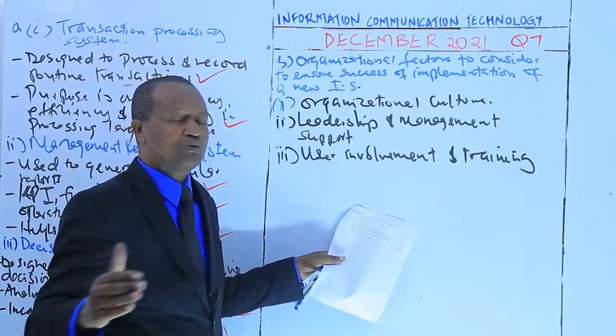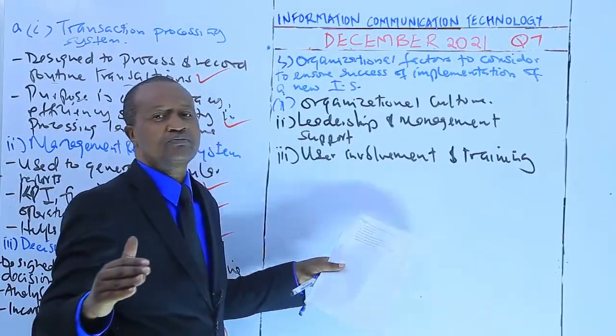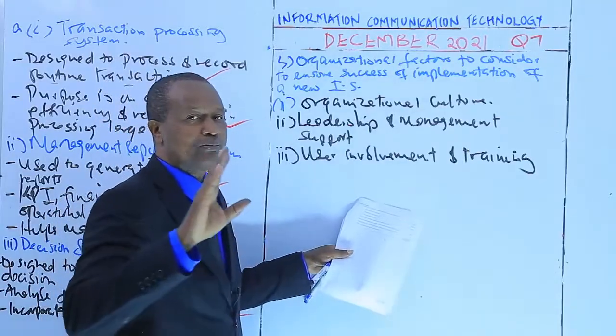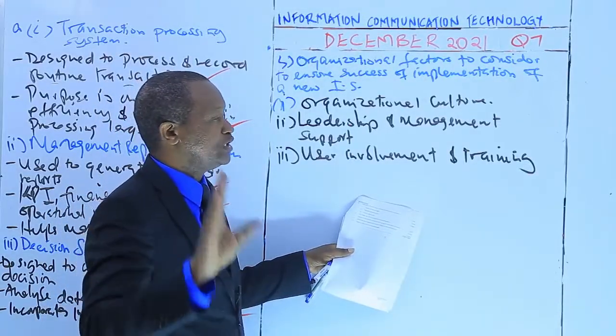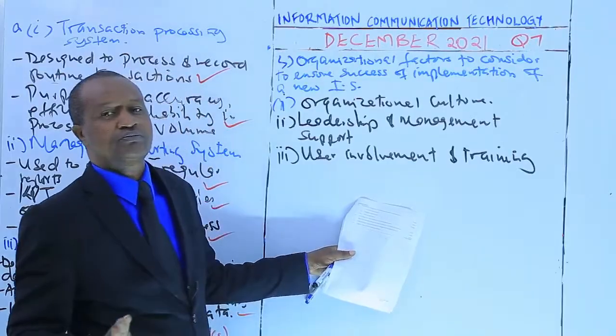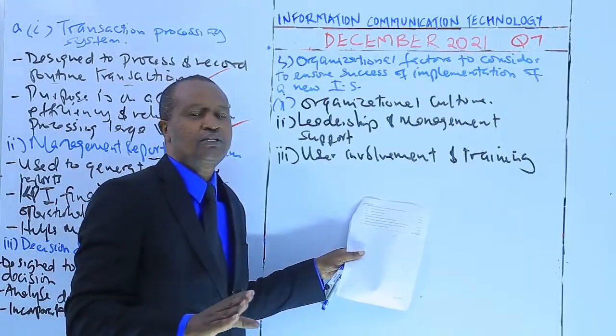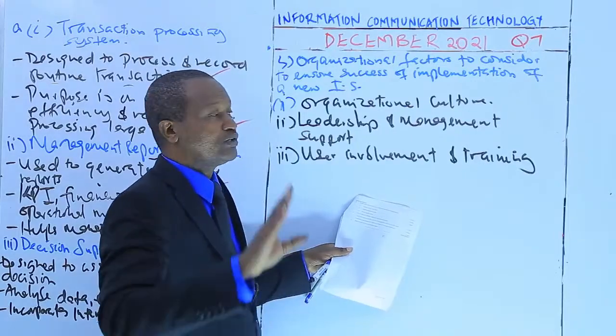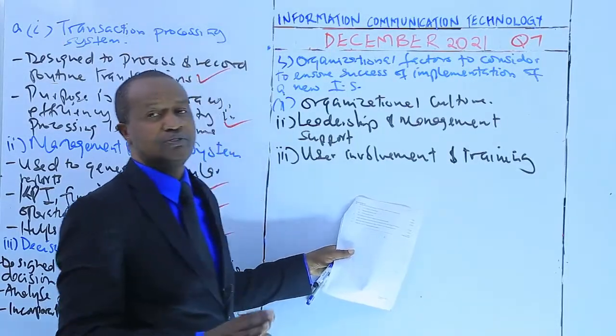So there ought to be adequate training provided to ensure users are proficient in using the new information system. They should also be trained and educated on the benefits of the new information system.